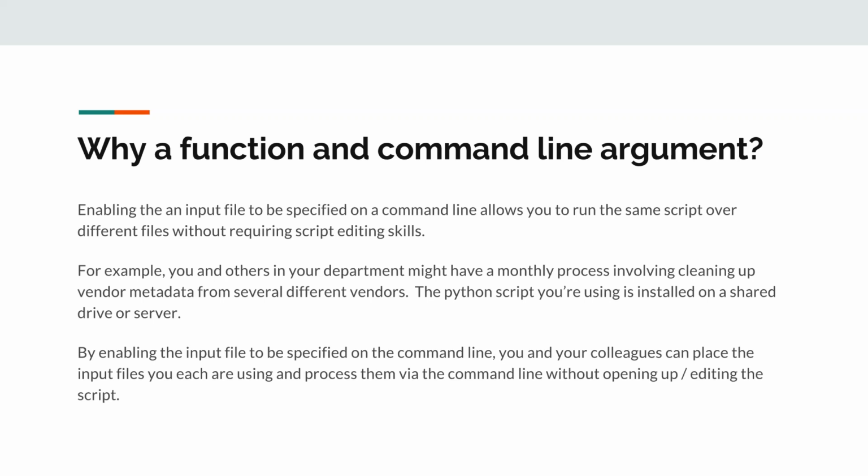other people in your department might have this sort of shared process. You've got this Python script sitting on a shared server somewhere, and you all have different files that you need to act on.